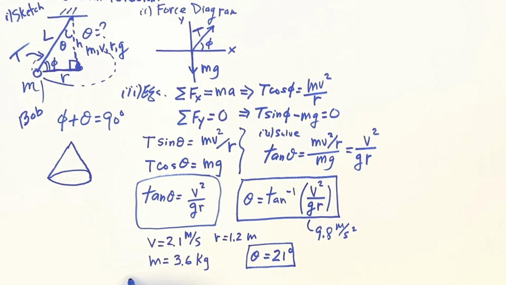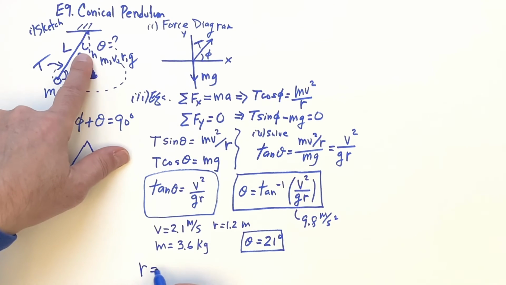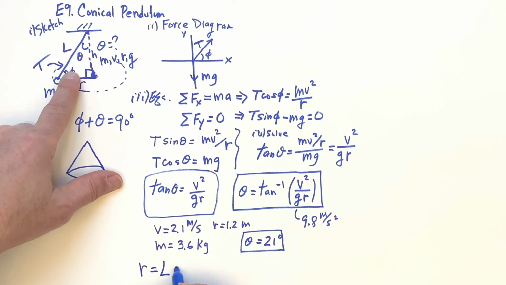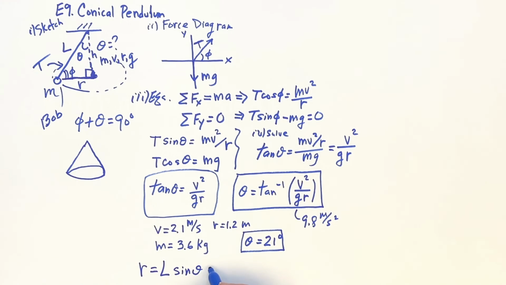Probably the simplest way to do that is that the little r is big L times the sine of theta. So that means L is r over the sine of theta, and r is 1.2 meters.